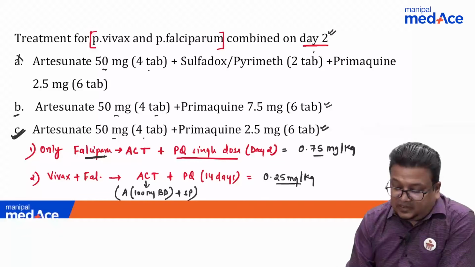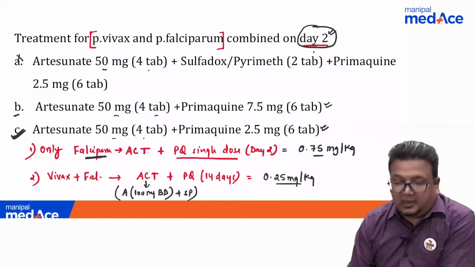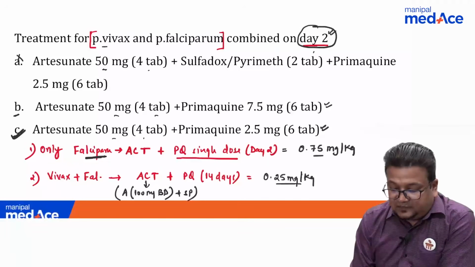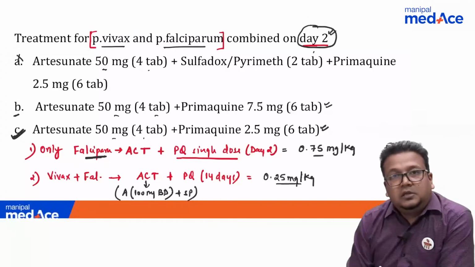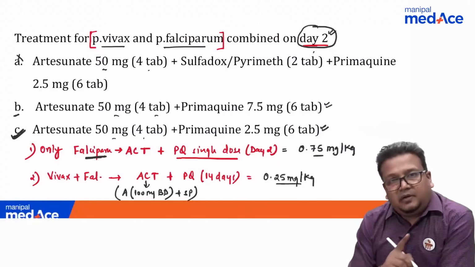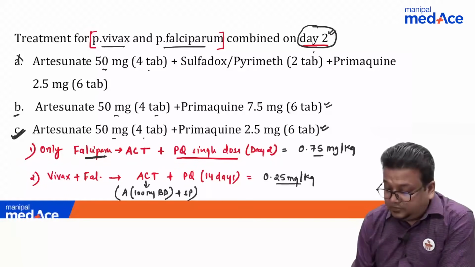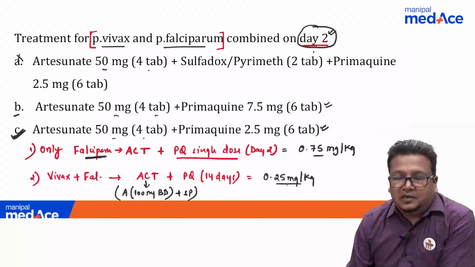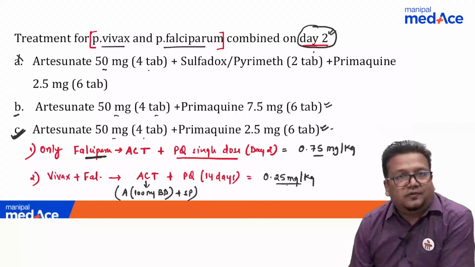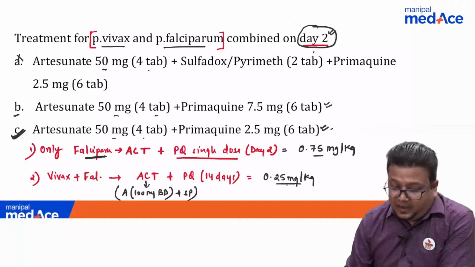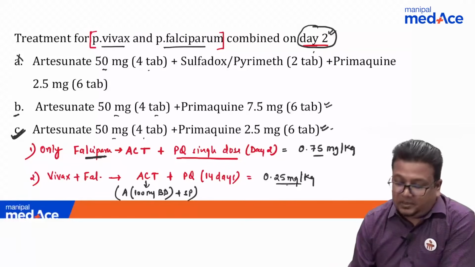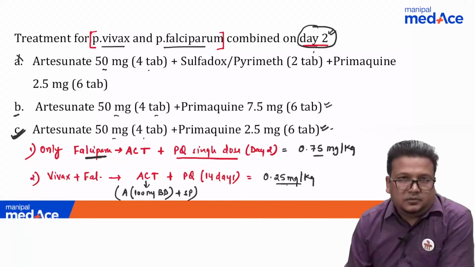So this is a very tricky question, not a difficult one but a tricky one, and presence of mind has to be shown that since it is a case of combined infection, primaquine will be given on all 14 days, and the dose is 0.25 milligram per kg. So we have to give 15 milligram per day, that is 2.5 milligram 6 tablets. Had it been falciparum, then it would have been the larger primaquine tablet, 7.5 milligram into 6 tablets.